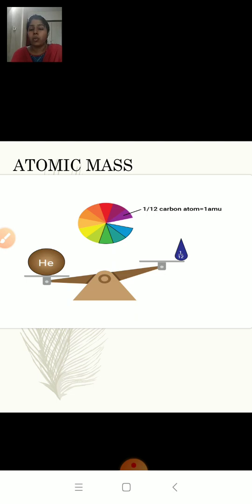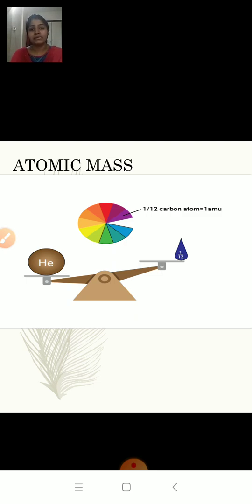Now take a 1/12th part, that is one piece from the carbon 12, and place it on the balance. You can see clearly that it is not balancing, it is not equal. So take one more 1/12 piece out. So right now we have two pieces.